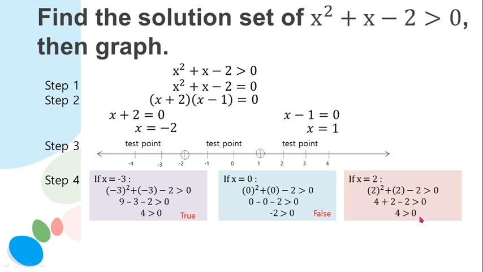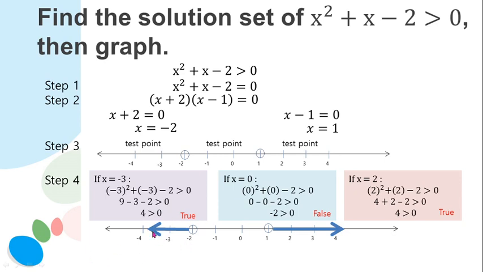And 4 is greater than 0, so that means it is a true mathematical statement. So we are going to shade the region wherein our test points produce a true mathematical statement. So we are going to shade this part and this part, okay? So we have this as our graph.